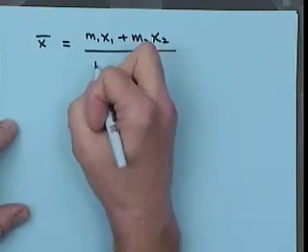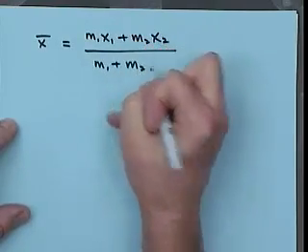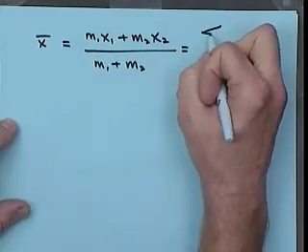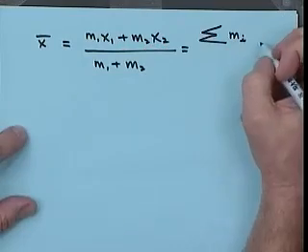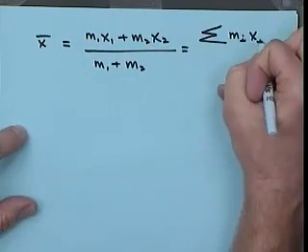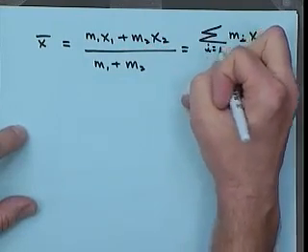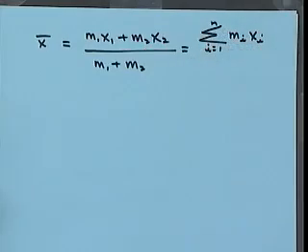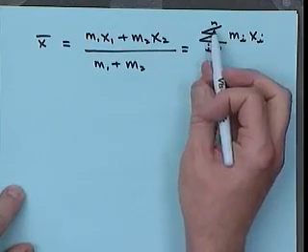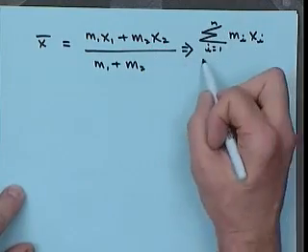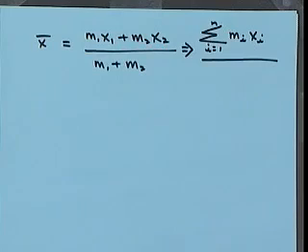I want to write that in a little different form: M sub i times x sub i from i equals 1 to however many we have in the picture. We've just got 2 here, so it'd be from 1 to 2. But in general, we want to be able to extend that to situations where we have more than 2 masses at more than 2 locations, one-dimensionally.